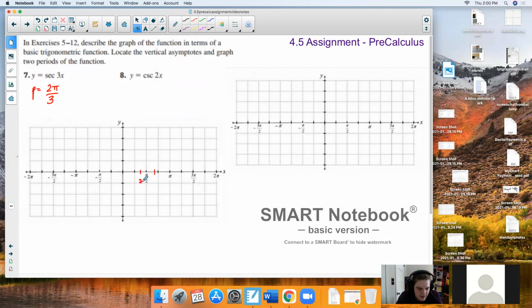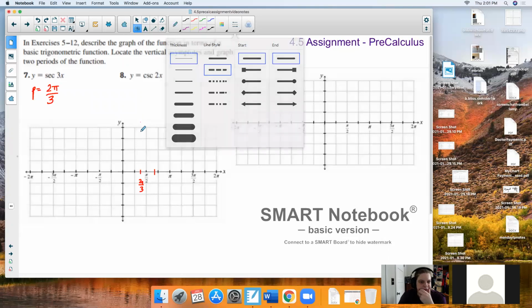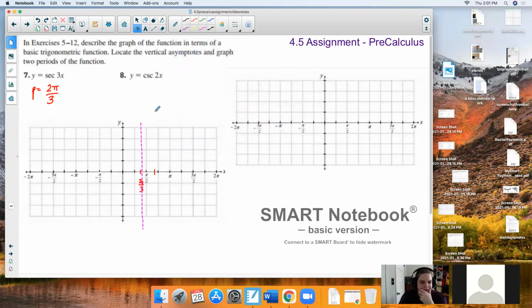So this is where 2 pi over 3 is. And then this would be, what, 4 pi over, what's 2/3? Yeah. All right. And so that's where our first period is going to be, which I'm going to do with a skinnier pink line this time. And then potentially here.